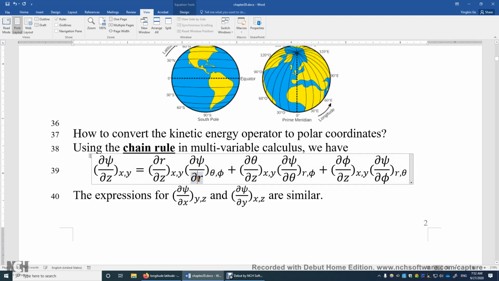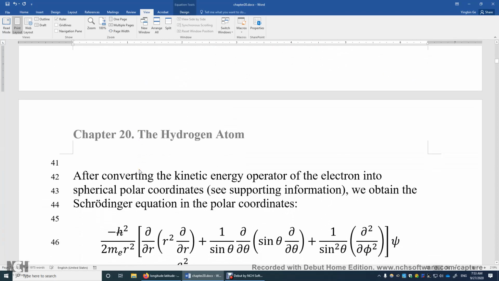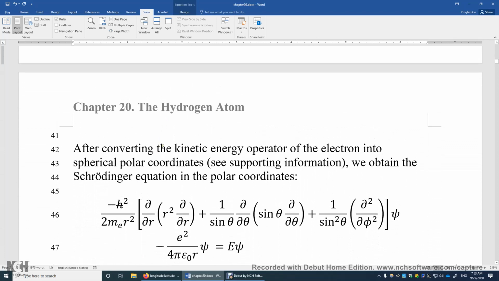Similarly, we can expand delta psi over delta x and delta psi over delta y, as long as you realize that there are 3 intermediate variables, r, theta, and phi, between psi and x or y or z. Alright, so this is the chain rule. Again, this is how psi depends on r, and then r depends on z. Well, let's skip the derivation.